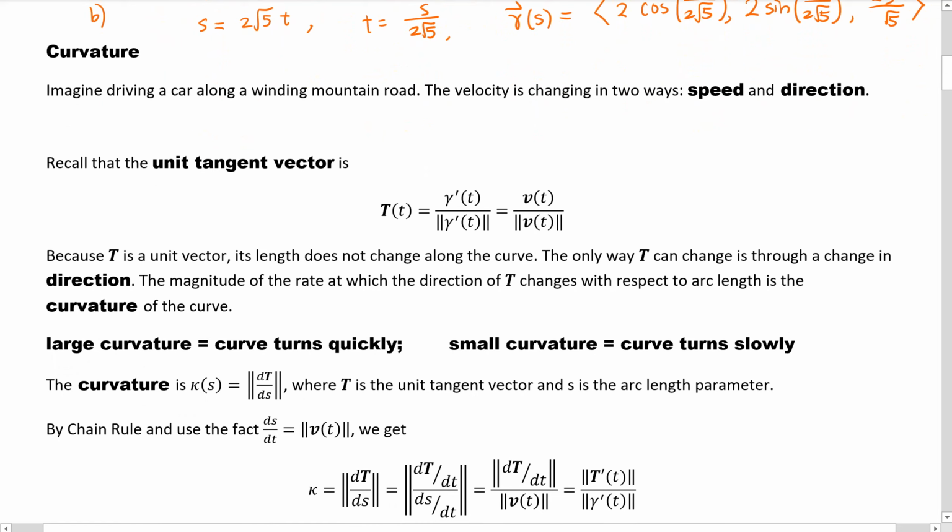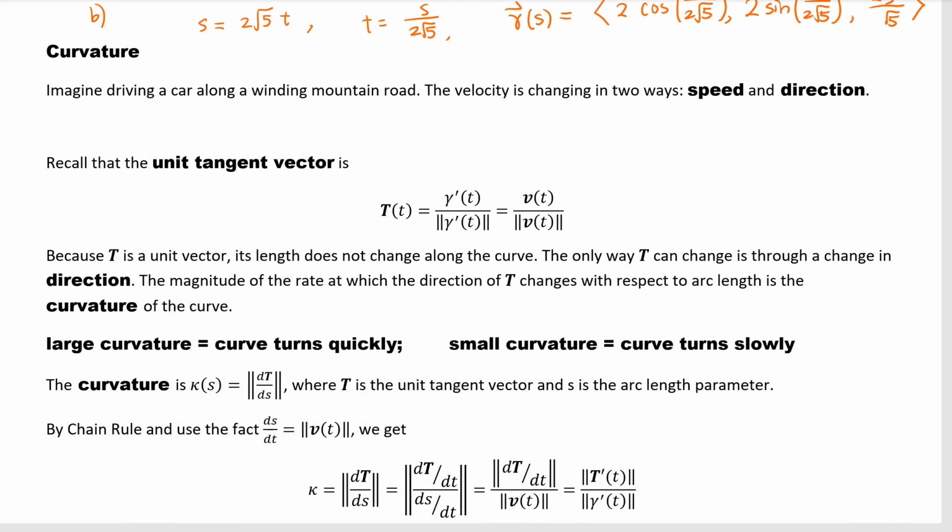Imagine driving a car along a windy mountain road. The velocity is changing in two ways: speed and direction. We call the unit tangent vector T the derivative of the displacement over the length of the derivative of the displacement.